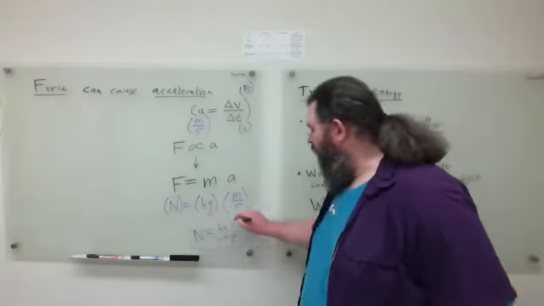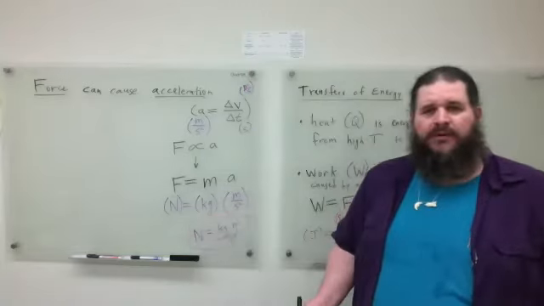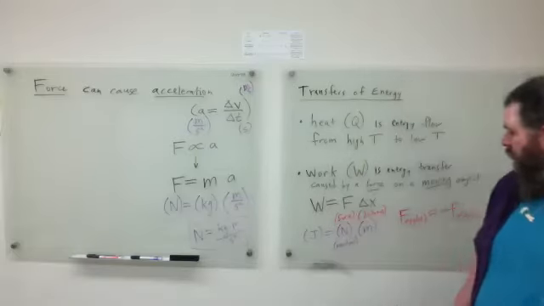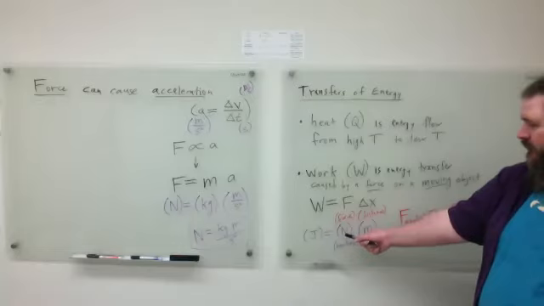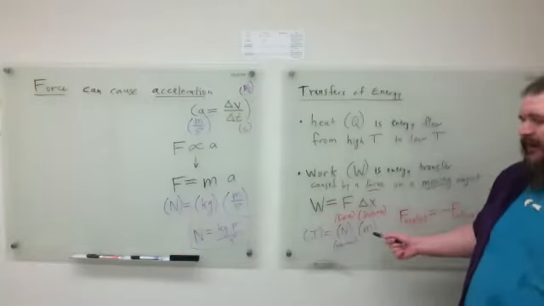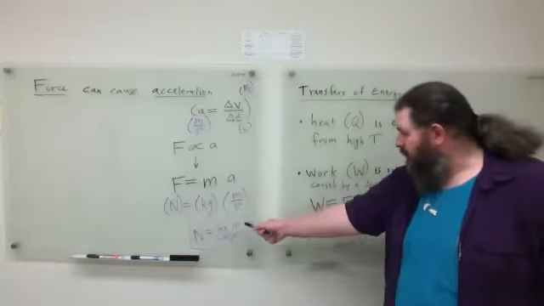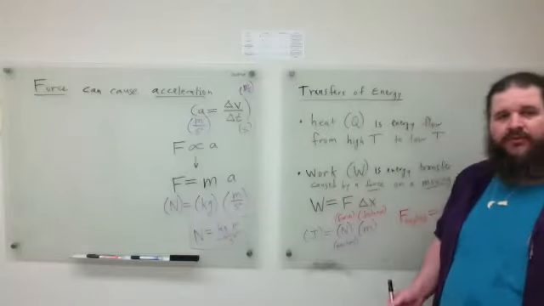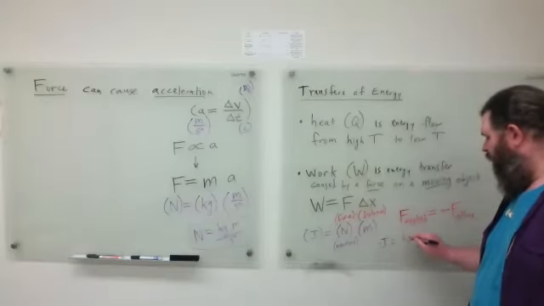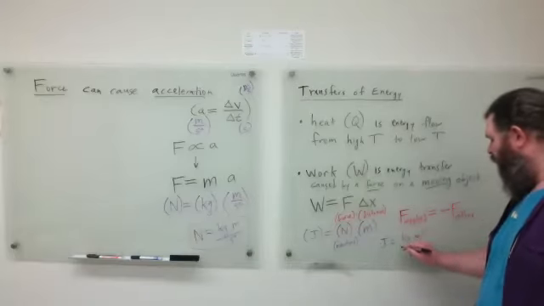In the sense that anytime we write newtons, we're really just using that as an abbreviation for kilogram meters per second squared. And also we could fill that in here. Newtons is kilogram meters per second squared. To change that to joules, we would just multiply by meters again. Meters times an extra meter would be meters squared. So joules can be written as kilograms times meters squared over seconds squared.